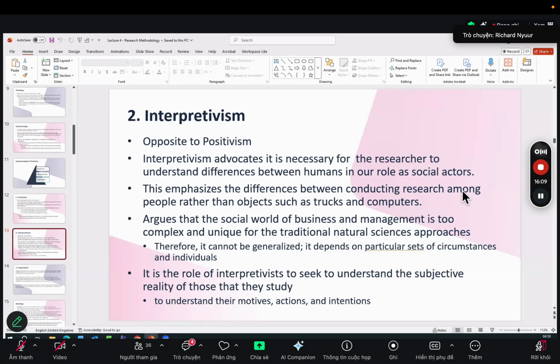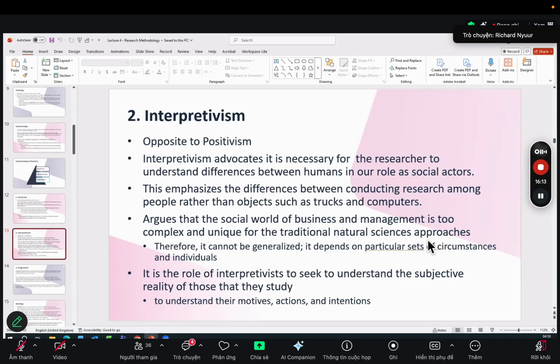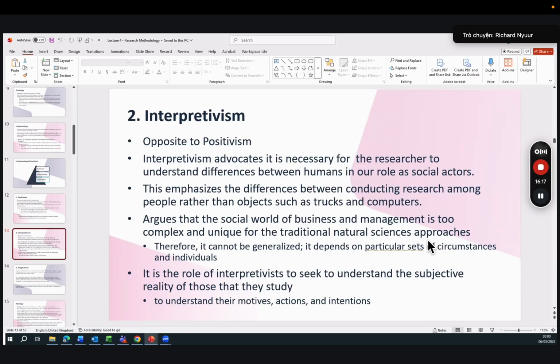Okay, and so with interpretivism, it again aligns with qualitative explanations, people responding to interviews or case studies or focus groups, where you as the researcher are listening and your perspective also counts.